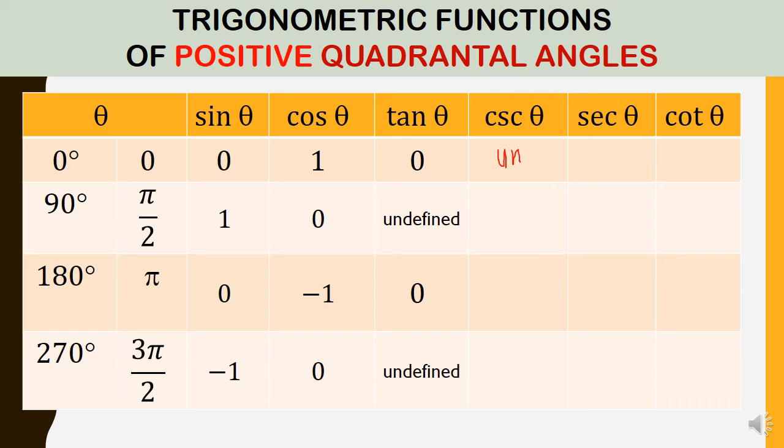Sad naman. No? And then secant theta is the reciprocal of cosine. So that's 1 over 1. Kaya 1 din. For cotangent, that is 1 over 0, or you can treat this cotangent as cosine over sine. So again, that will be undefined.